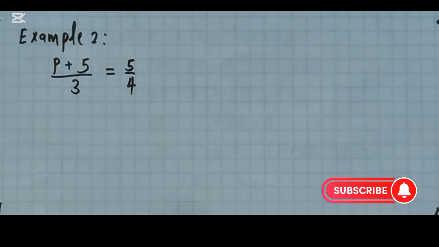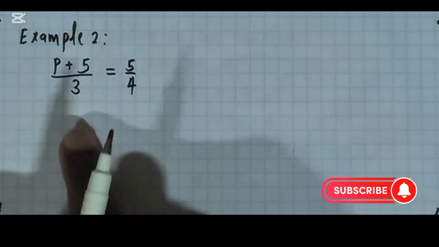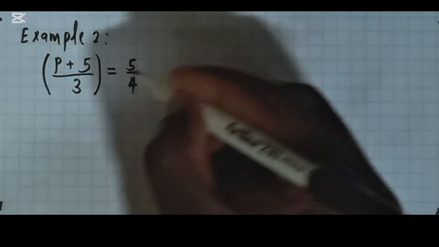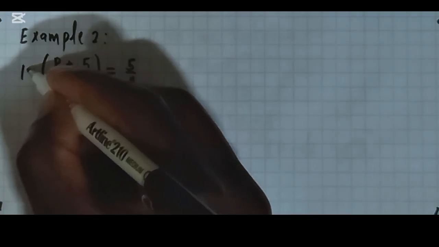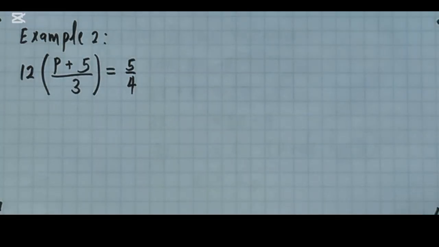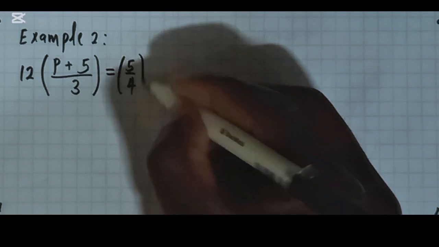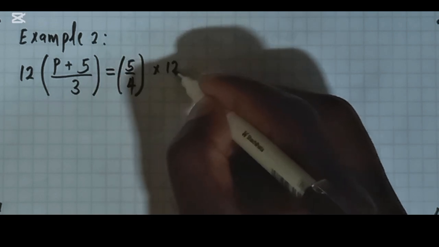So we are going to first start by multiplying both the left and the right hand side. Whatever we do to the left hand side, we'll do to the right hand side, by the LCM of the denominators that we're seeing here. So we have the denominators 3 and 4. We're going to therefore multiply the left hand side by the LCM of 3 and 4, which is 12, and also multiply the right hand side by 12.